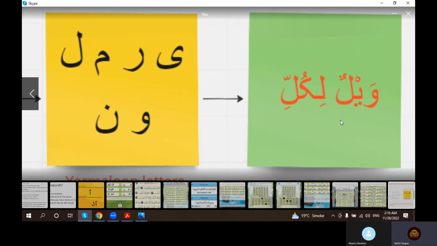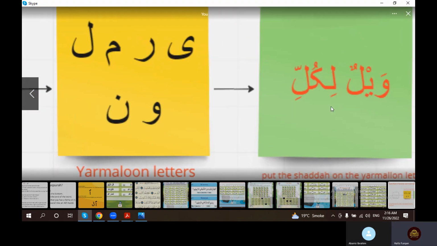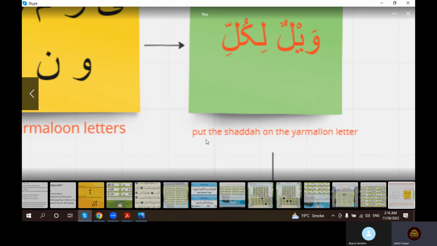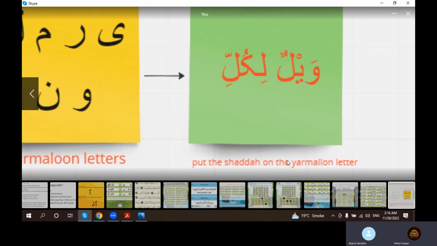So Lam is there at that moment. If we see any Yarmaloon letter after tanween, we have to put the shadda on the Yarmaloon letter.